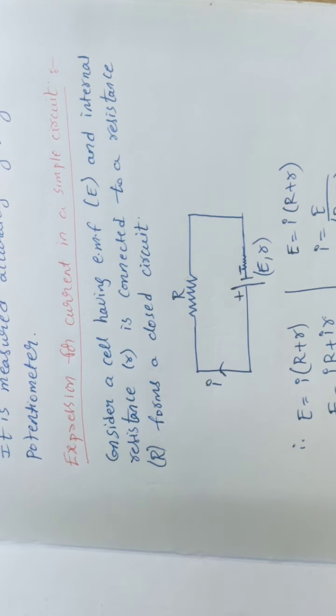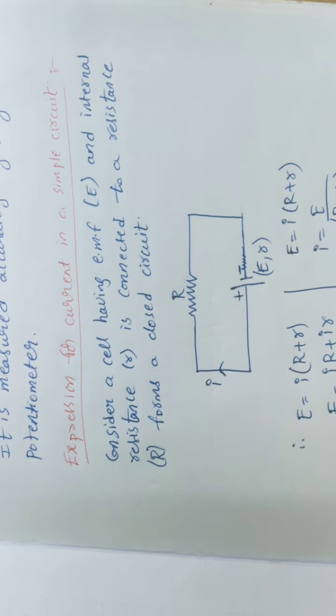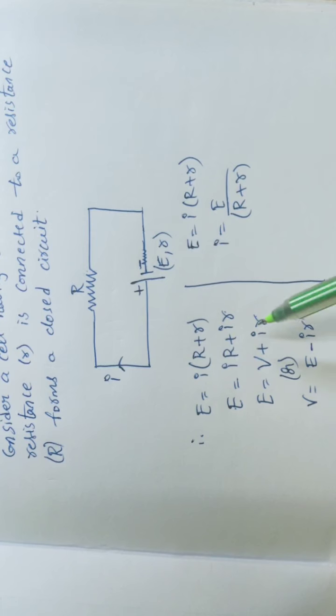So E is equal to IR plus Ir, and E is equal to V plus Ir. We know very well by Ohm's law V is equal to IR. So E is equal to V plus Ir, or V is equal to E minus Ir.